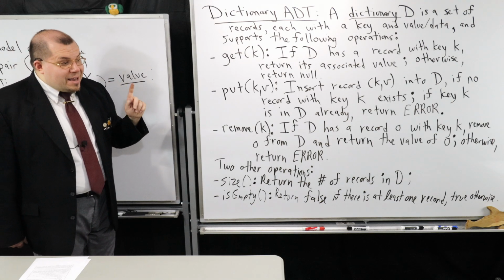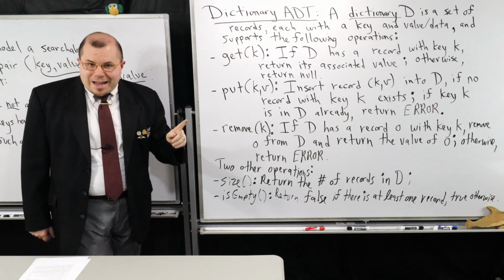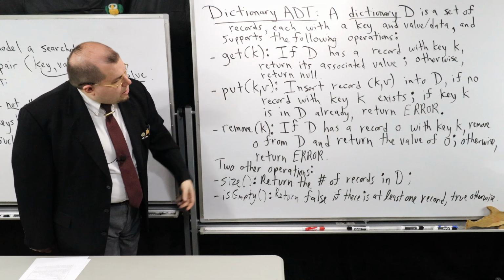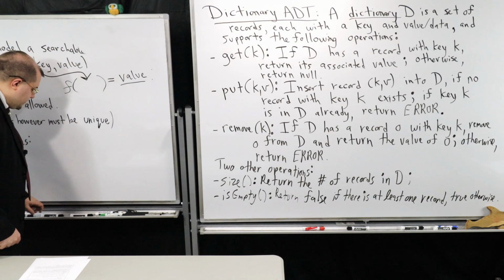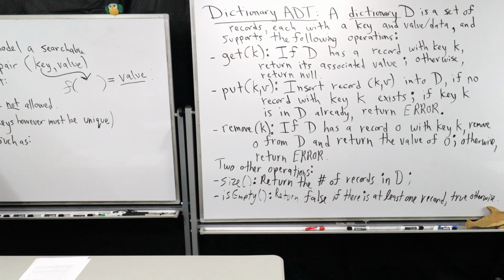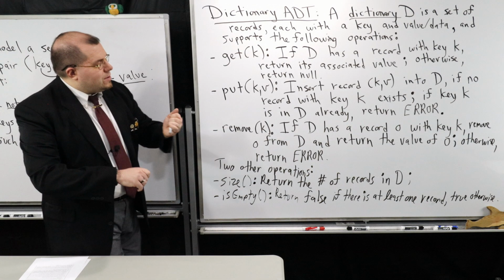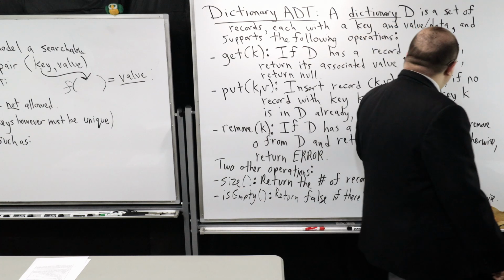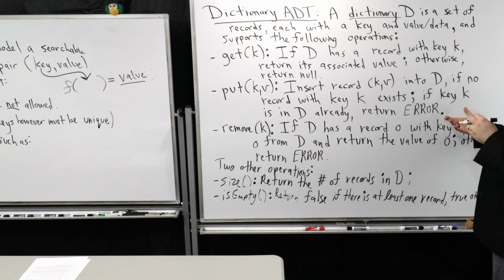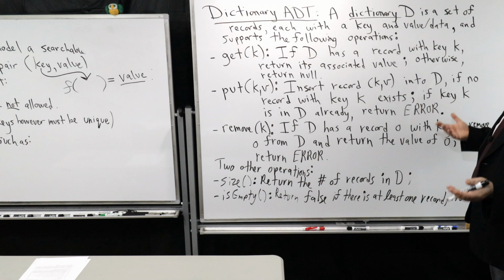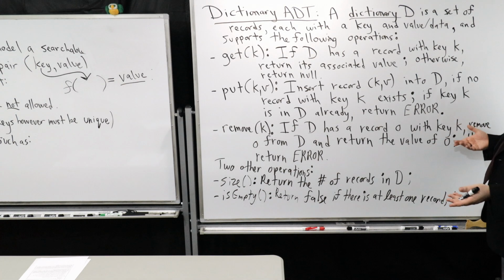If that is not the case, where there's already a record with key K in it, you're going to return an error. Now you might ask, Dan, what does it mean to return an error? I must stress that if this isn't really something your language can sufficiently provide you, you can always return null, for example.